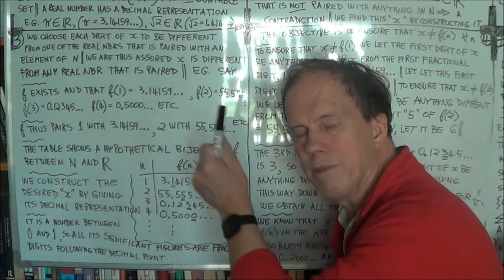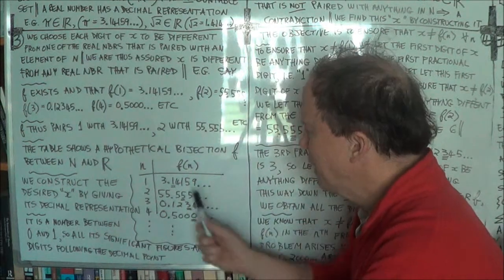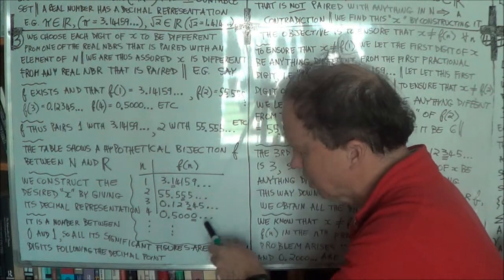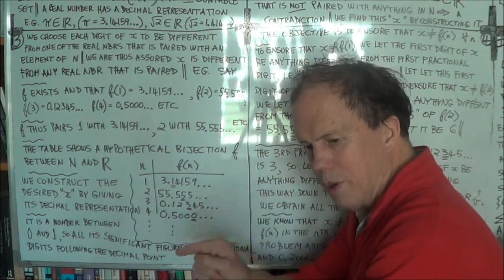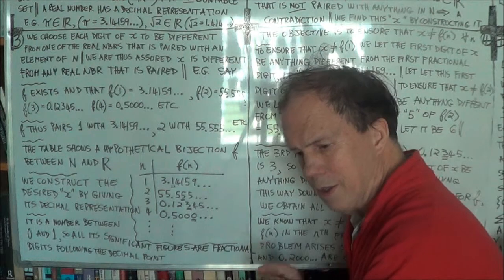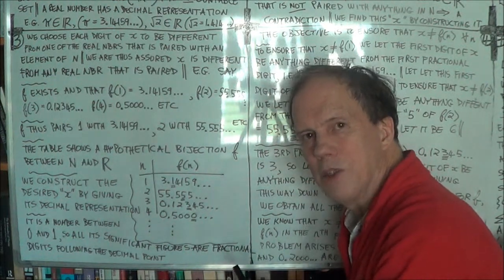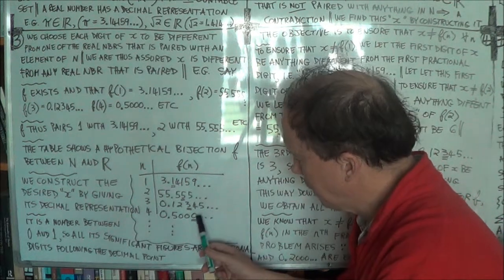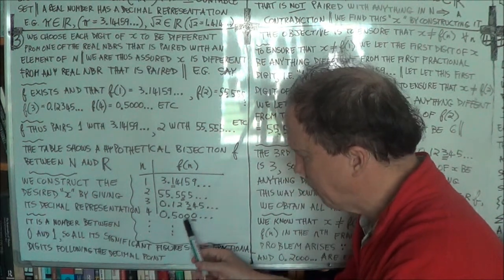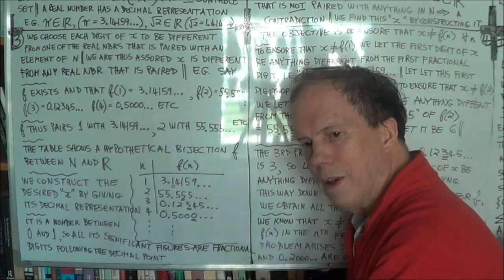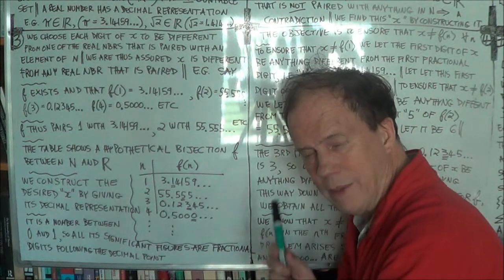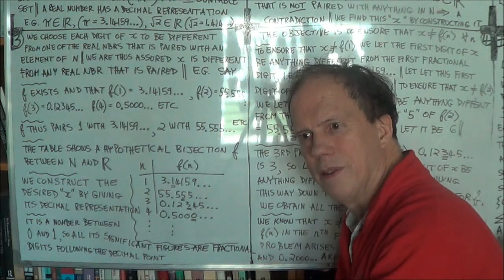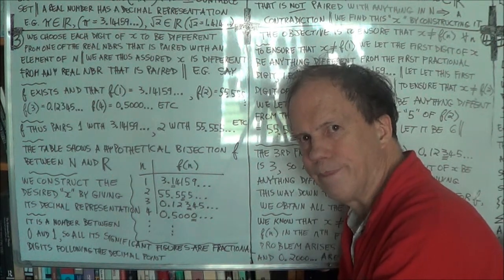I hope you follow that. If you don't, rewind. Okay. So you just go down this diagonal, putting in for your value of x at the ith decimal digit a value that's different from the ith decimal digit of the ith real number.